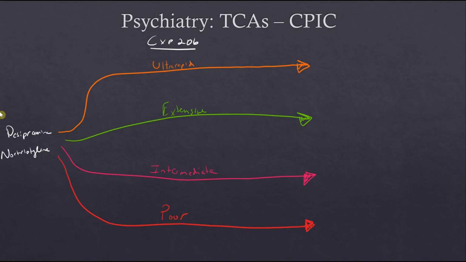And the reason we only have recommendations for 2D6 is because 2C19 doesn't play as big a role in these two drugs. Therefore, the data doesn't allow us to make recommendations based on both sets of genes, just 2D6 for desipramine and nortriptyline. So what happens if you're an ultra-rapid metabolizer of 2D6 for these drugs?